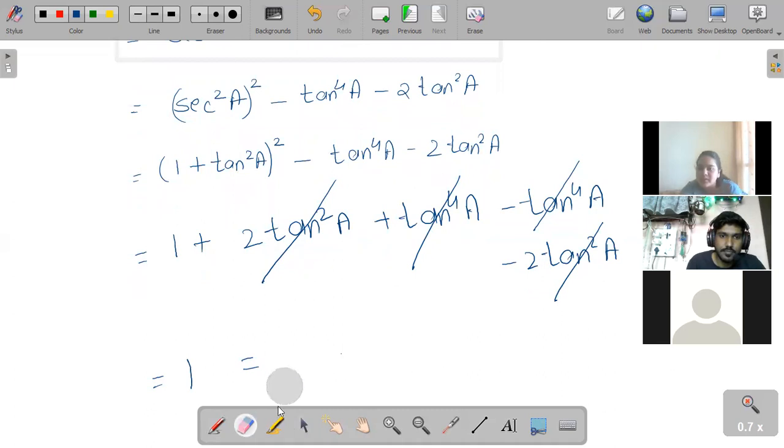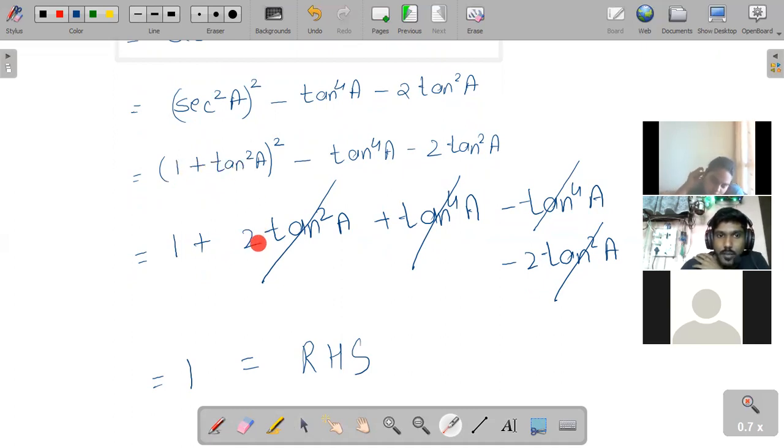Wait. Can you do it again? Which part? The step before you multiply, a square plus 2ab. Just explain that one. Yeah. Okay, so this is a square plus 2a into b. Now a is 1, b is tan square a.